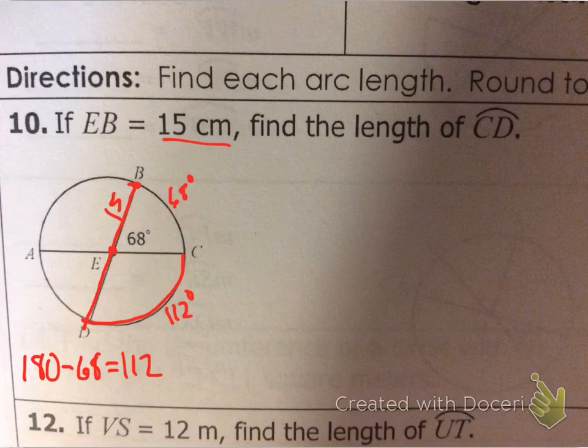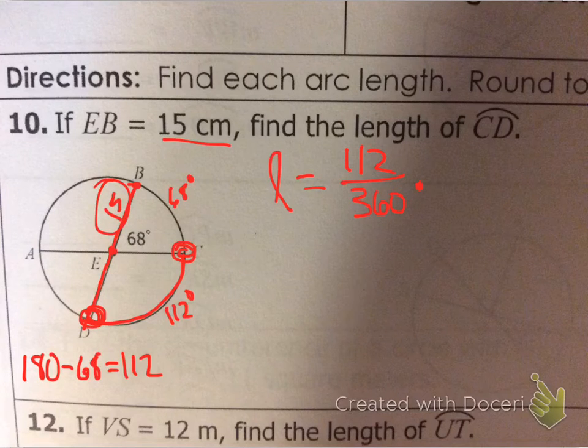So, find the length of CD. I want to find this length from here to here. And that means I would say 112 degrees over 360 times, I have the radius, so I'm going to use 2 pi r, in this case 15. And so that's what I would type in.